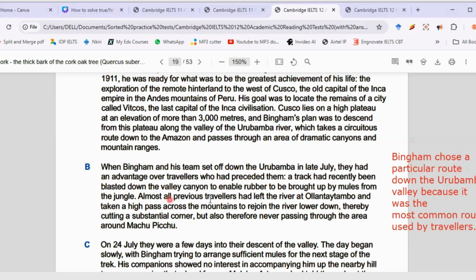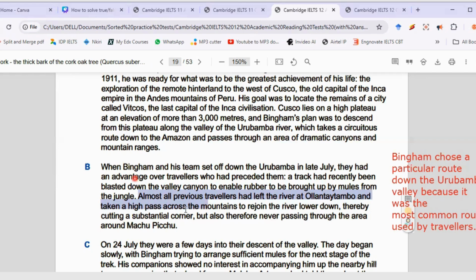Almost all previous travelers had left the river at Ollantaytambo, taking a pass across the mountain to rejoin the river lower down. So they are describing the routes taken by previous travelers. But that's not the route that this guy used, because they wrote that he had an advantage. That means that this guy used another route.